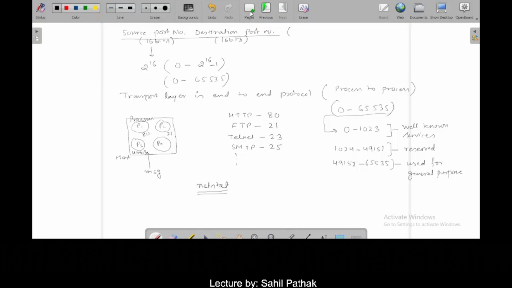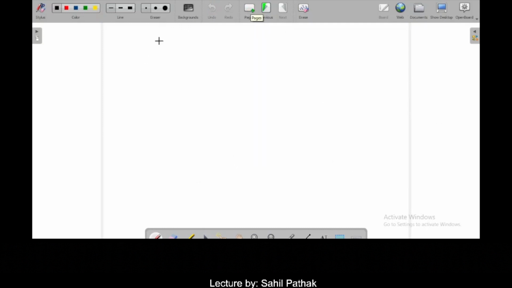Now let us take an example and see whether only the port number is sufficient to provide this end-to-end service or not. Okay, let us see. Let's say this is one host and there is some process running on some port number X, and there is another one.